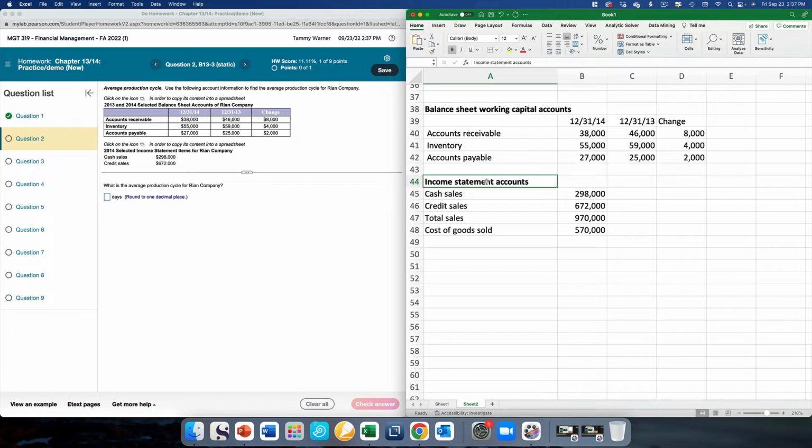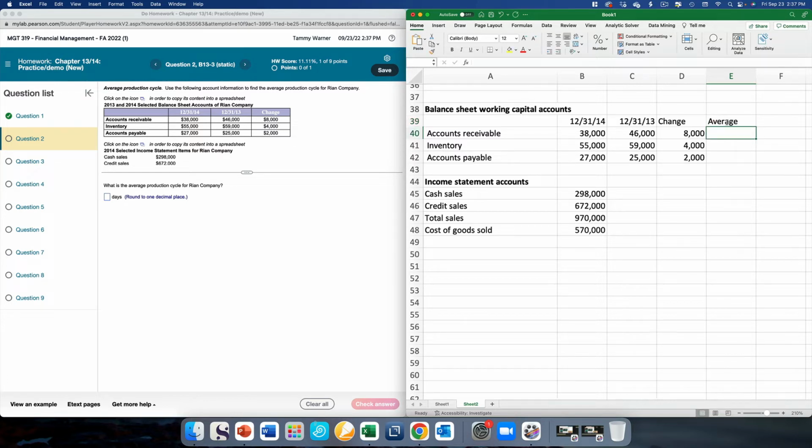Okay. So the first thing that we're going to have to do is calculate the average inventory. And I can tell you right now that we're going to have to calculate the average value of all 3 of these. So let's just do that all at once, right? So let's calculate the average.